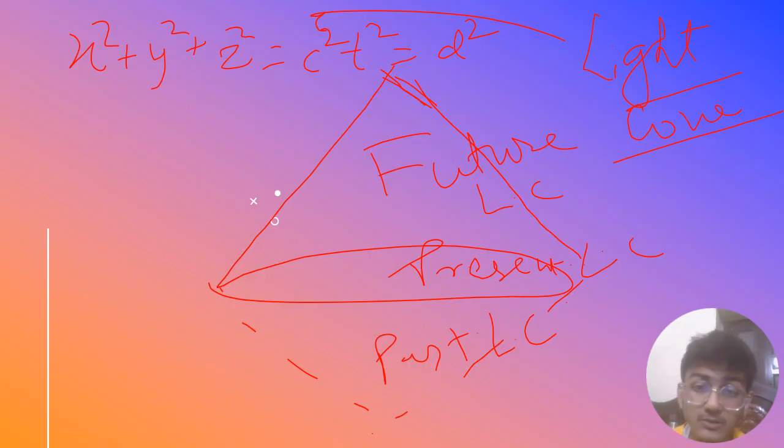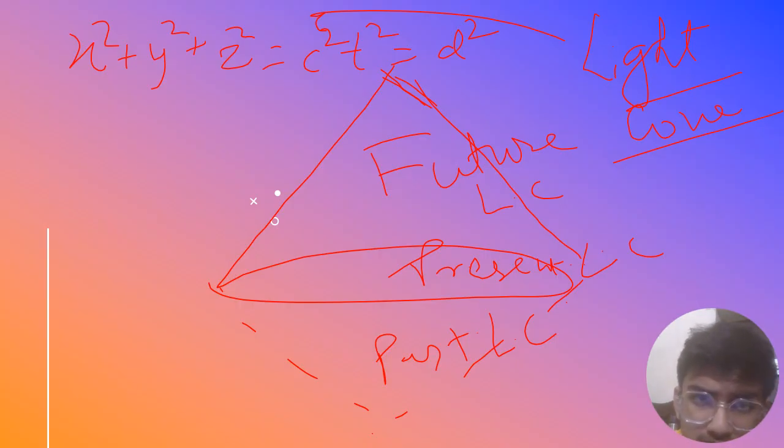Present light cone, future light cone, past light cone? The past light cone is the region from which that light ray originated. The light ray, from where it came. What is the origin of that light? That is defined by the past light cone.